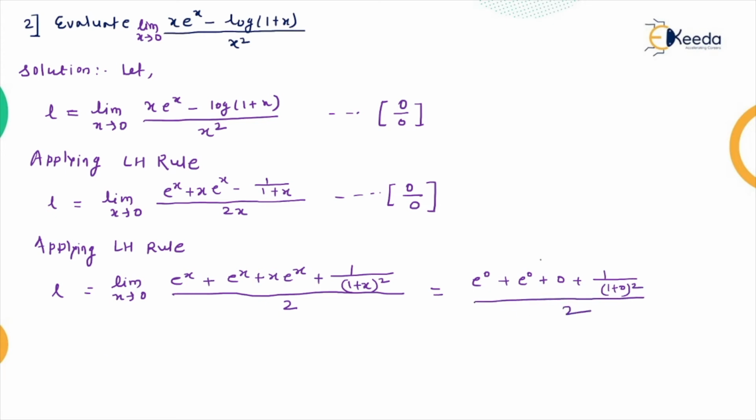Now you have to just evaluate this: e to the power 0, then plus e to the power 0, means here 1 plus 1 plus, and the last term will also be 1, and divided by 2. So what is your given answer? L is equal to clearly 1 plus 1 plus 1, that is 3, divided by 2. This is your answer. I hope you understand this very well.